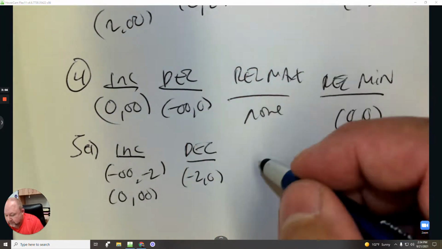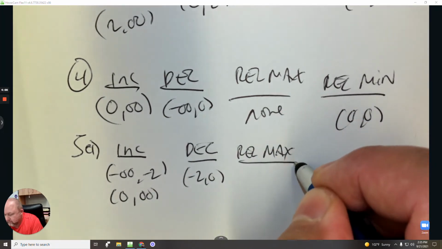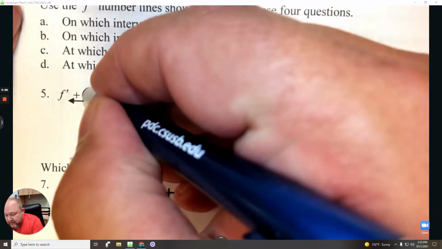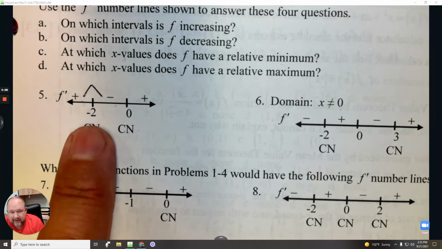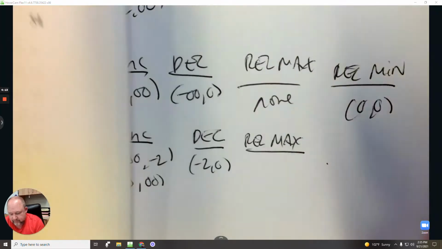And then it says, where's the relative max? So when I look off this number line for number 5, when it changes from increasing to decreasing, it creates a maximum. So rising to falling creates a maximum.